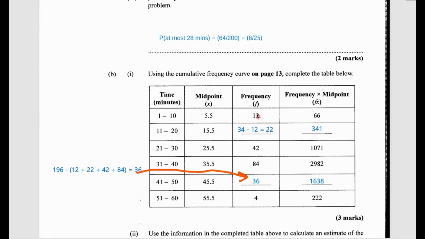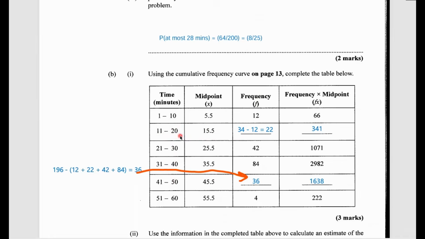Okay. Part B, part 1, using the cumulative frequency curve, complete the table. All right, 15.5 is the midpoint. That's for the interval 11 to 20. You want the frequency. Normally, when you're reading frequencies for intervals, you use the upper limit. Okay, so your upper limit is 20.